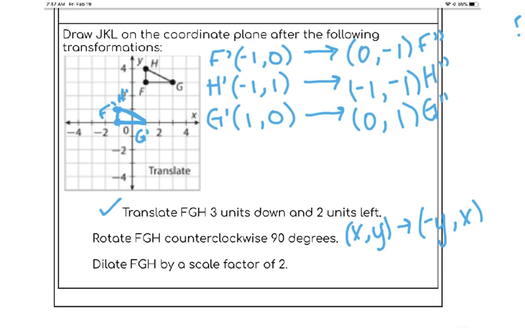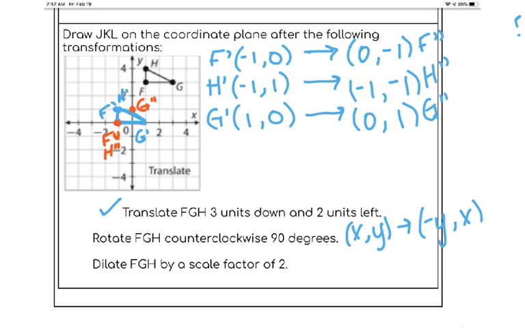Okay, so let's plot these points on here. And I'm going to change the color so that we know the difference. So 0, negative 1 is now going to be my F double prime. Negative 1, negative 1 is going to be my H double prime. And then 0, 1 is going to be my G double prime.